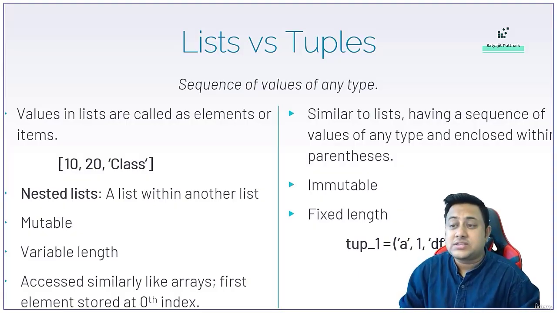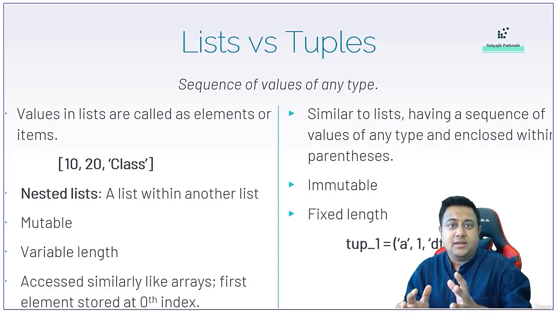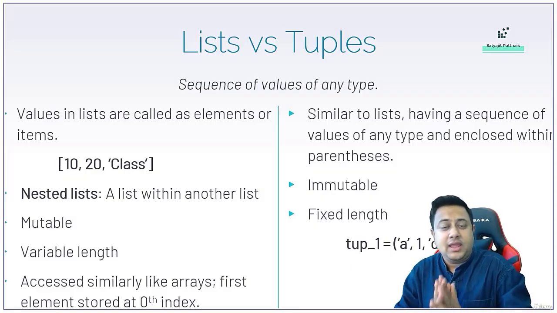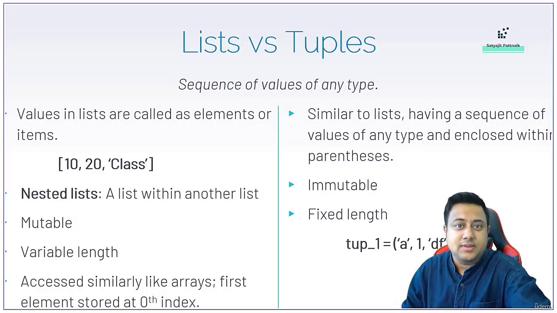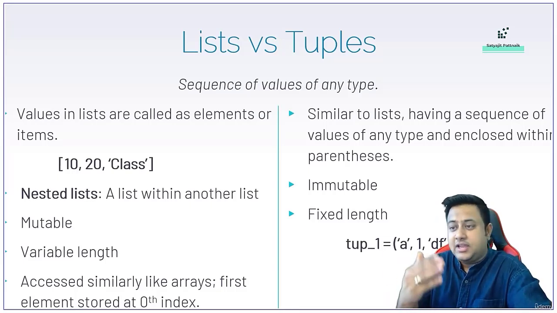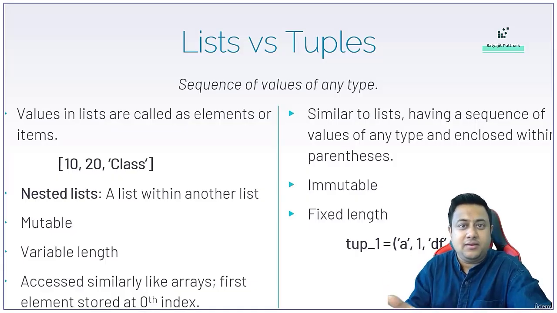In the first example, 10, 20, class, if I print the 0th index, I will get 10. If I print the first index, it will be 20 and the second index will be class. Similarly, if I print the -1 index, it will be class, -2 will be 20 and -3 will be 10.